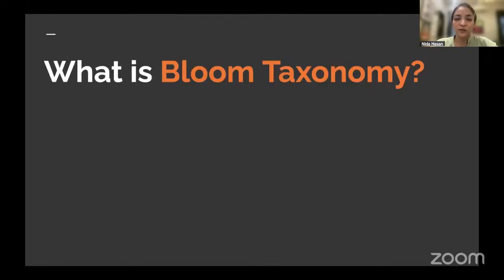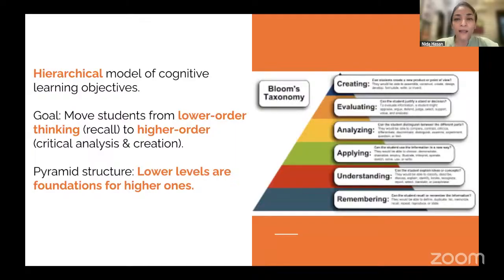What is Bloom's taxonomy? If anyone has an understanding of it, you'll know that Bloom is a hierarchical model that came into existence in the 1800s. Since then, there has been a lot of change to the model. Basically, the model is a pyramid which goes from low to top.